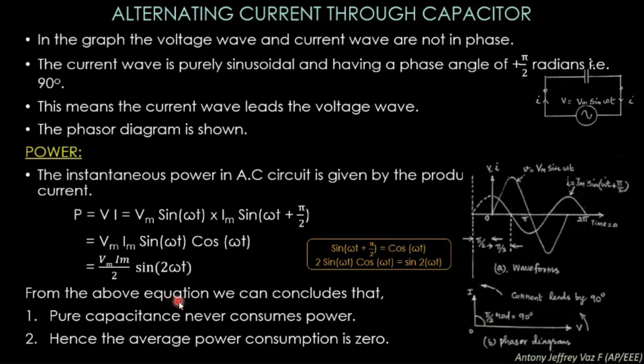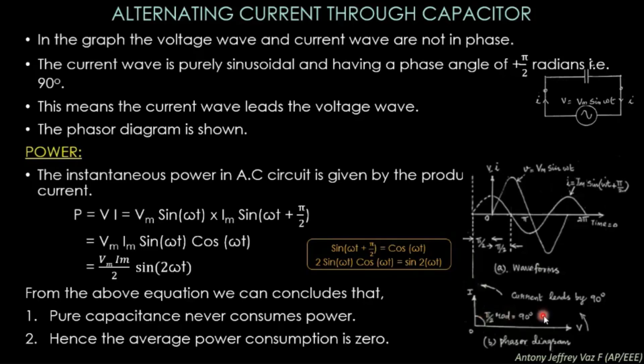From the above equation, we can conclude that pure capacitance never consumes power. So the power is never consumed by the capacitance. Capacitance always delivers the power. Hence, the average power consumption is 0.